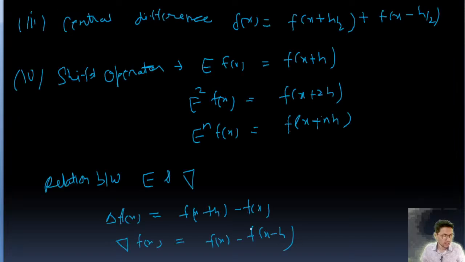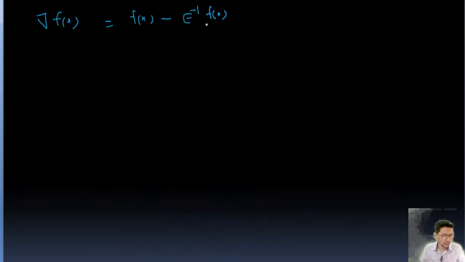And f(x plus h) means E f(x). So from here backward delta is equal to 1 minus E to the power minus 1, and similarly we can find forward delta, which is going to be E minus 1.